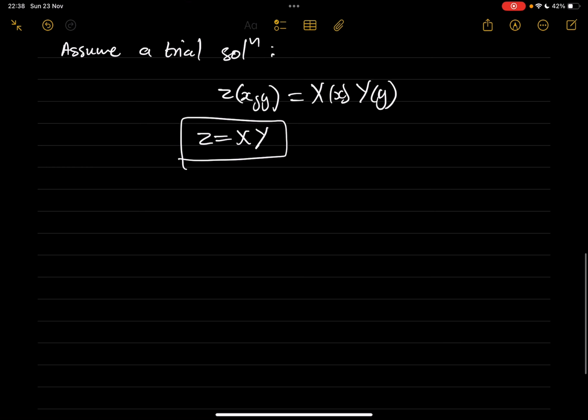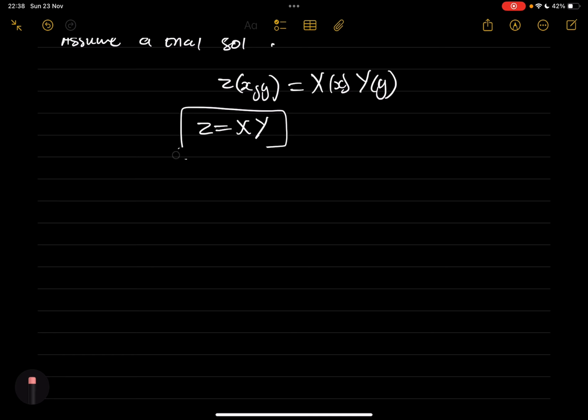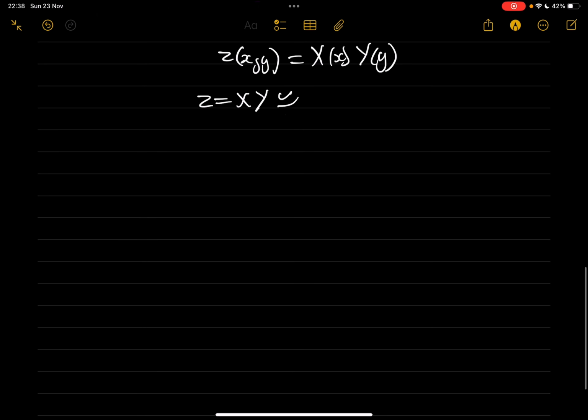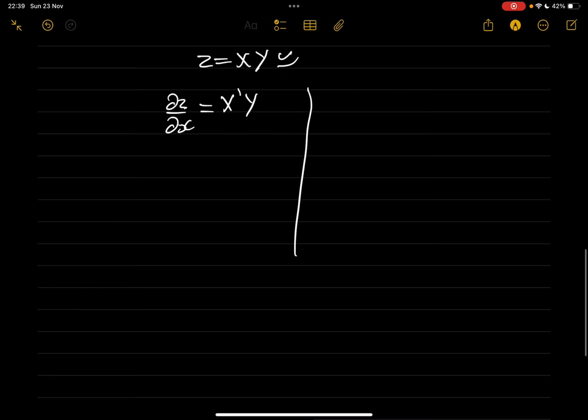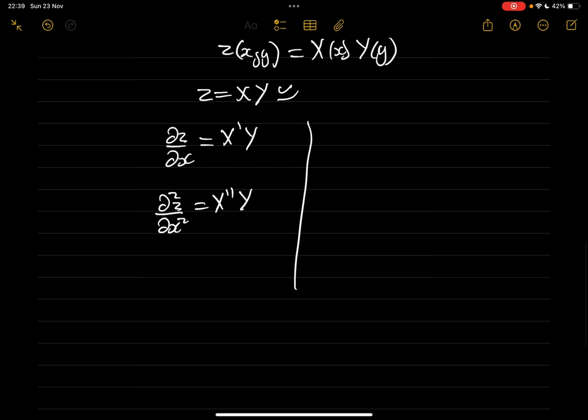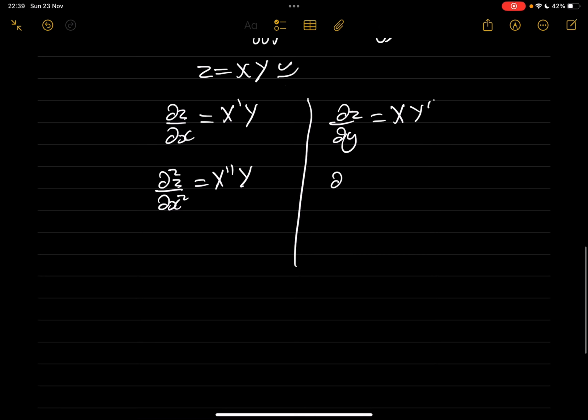If we differentiate this with respect to x, it's going to be X prime Y, and the second derivative with respect to x is going to be X double prime Y. Differentiating Z with respect to y, it's going to be X Y prime, and the second derivative with respect to y is going to be X Y double prime.